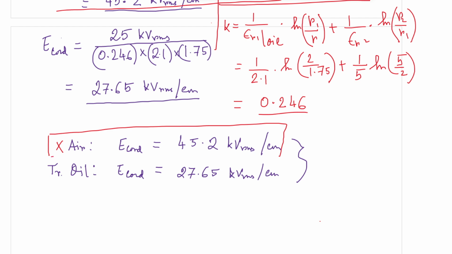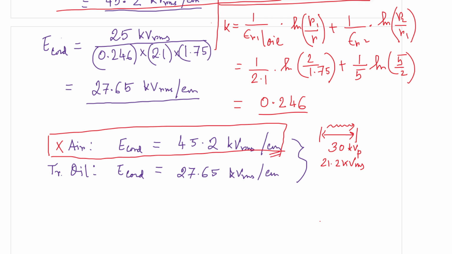Because if you use air, it has a very high value of electric stress. If we have a 1 centimeter gap, and within that gap a voltage of 30 kV peak comes, then that gap will flash over. 30 kV peak is roughly 21.2 kV RMS. So more than double that voltage is coming on the conductor surface for the same 1 centimeter gap.